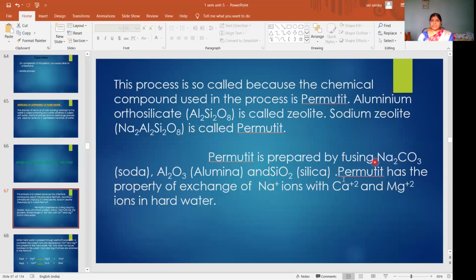So what will this permutit do? It will exchange the ions present in the hard water with Na+ ions. The Na+ ions are in the sodium zeolite, and the exchange takes place in this process. So this is the introduction to permutit.